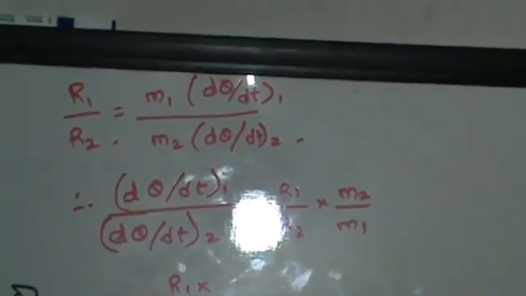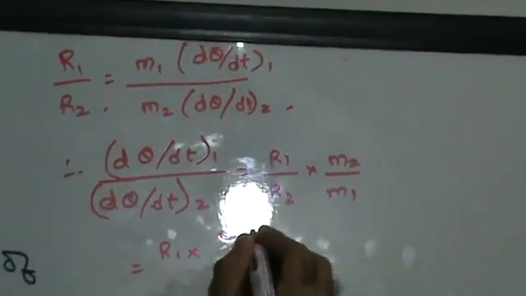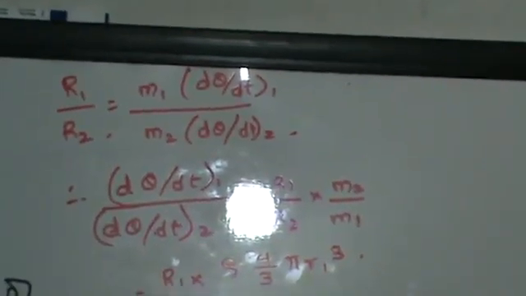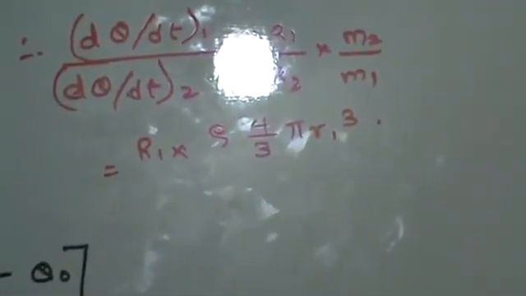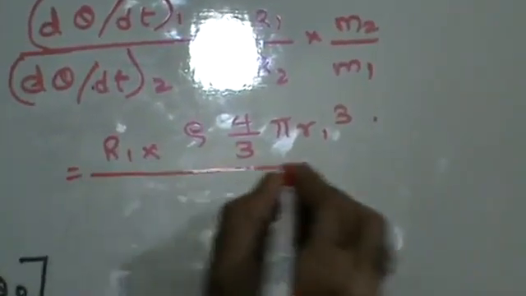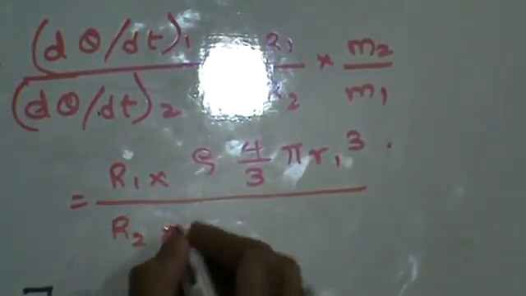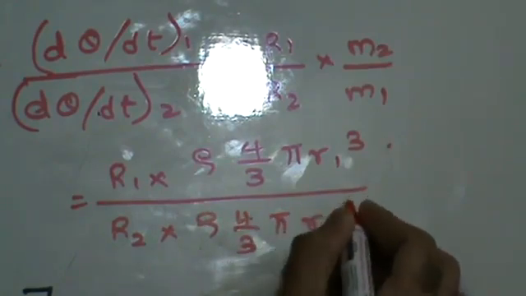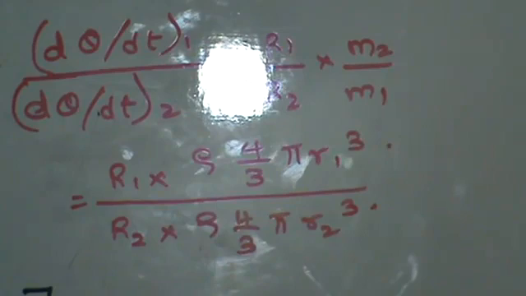We already said that mass is density into 4 by 3 pi r1 cube, similarly for r2, density into 4 by 3 pi r2 cube, right?